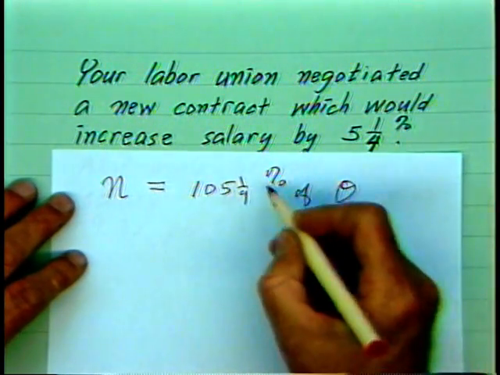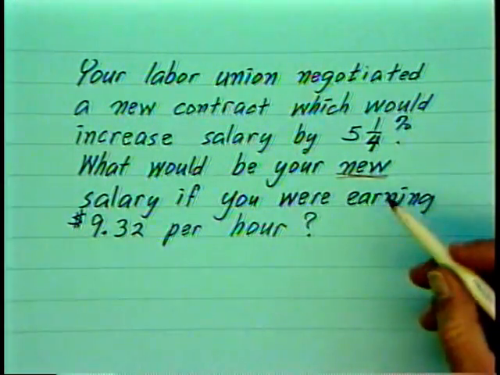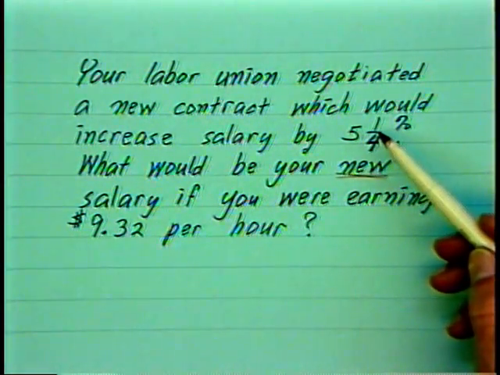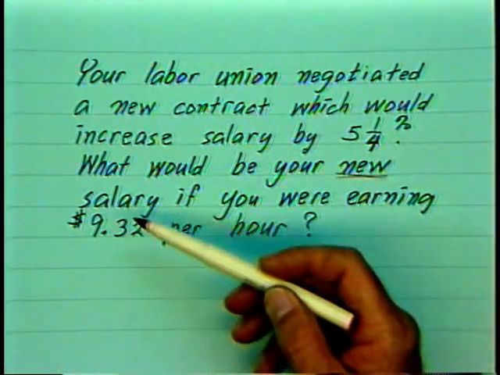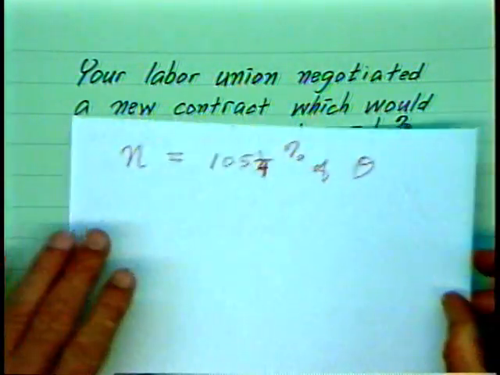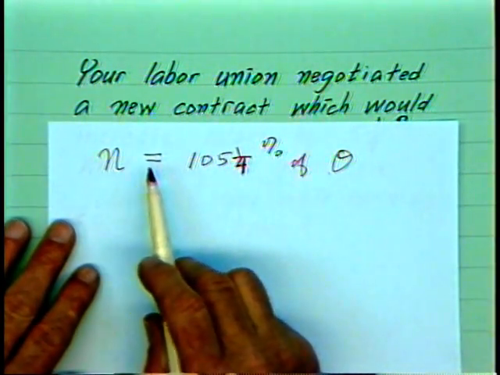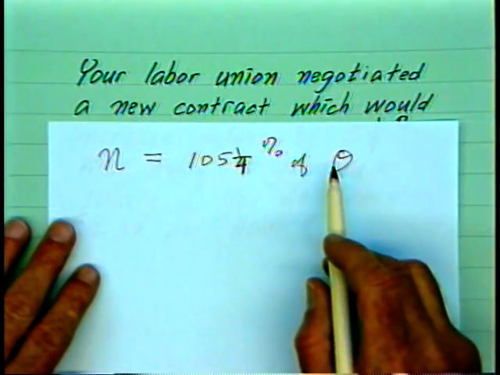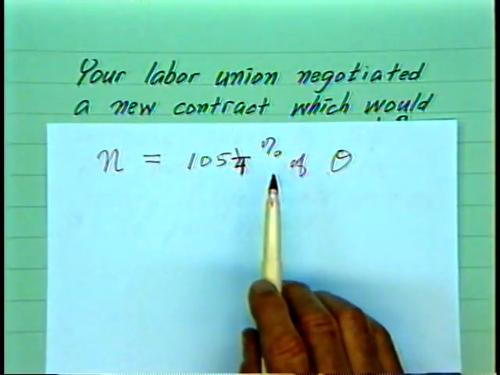Now, if you see this, this will save you a little bit of work. Because if we did it the first way, where we take 5.25% times this, then we have to turn around and add it back on. But here, we'll just have one problem, and when we're done, we will have the answer in one move.